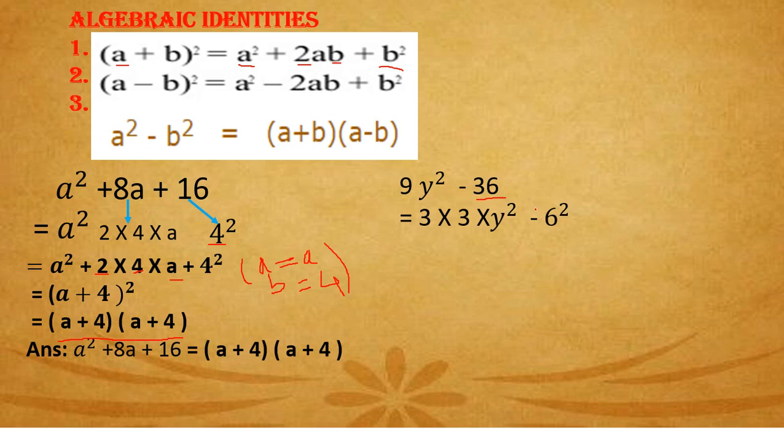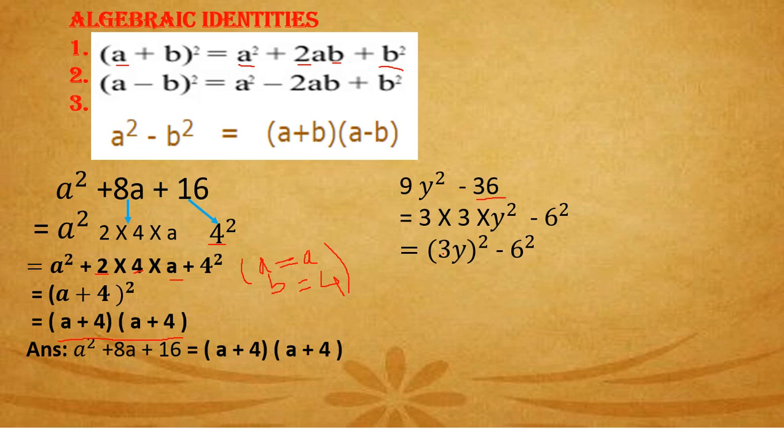We can write 36 as 6 square. 9y square, we can write 9 as 3 into 3. So it may be written further as (3y) whole square, as y has the exponent 2, and 3 into 3 is again 3 square.